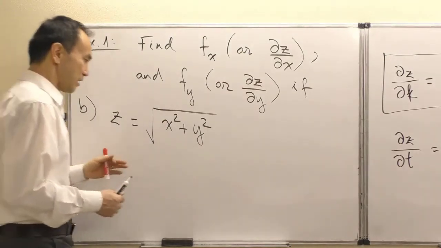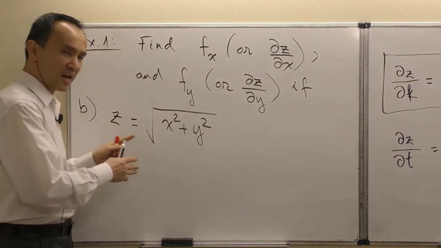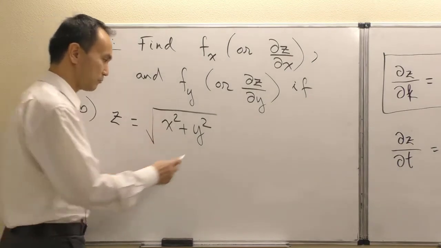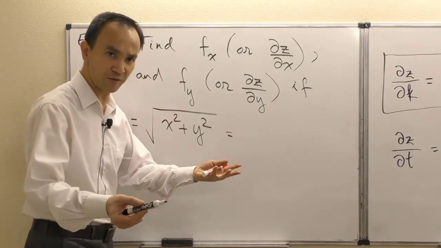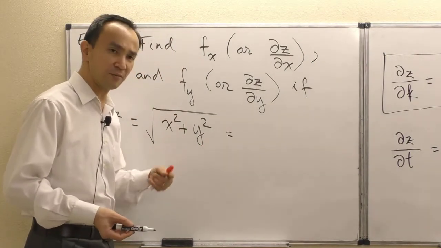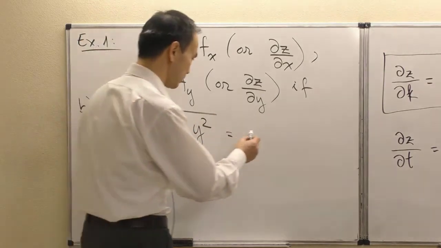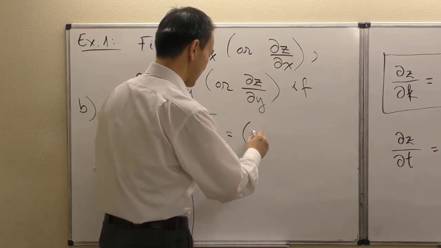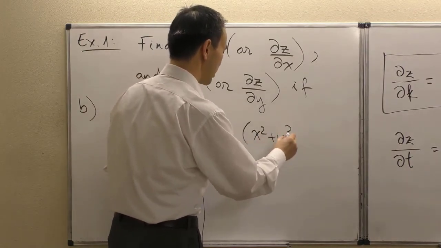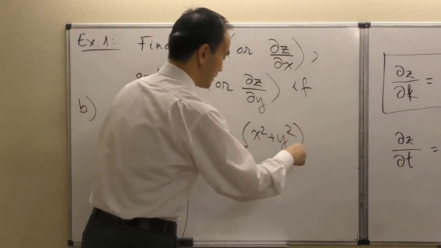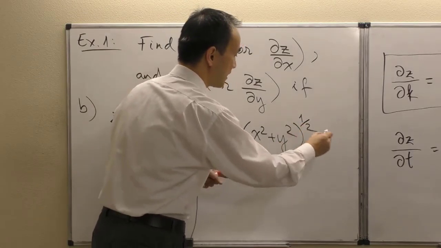Okay, so now to find dz/dx and dz/dy for this problem, first thing, as you have already learned from differential calculus, it's easier to write the expression inside the square root, x squared plus y squared, raised to the power 1/2.